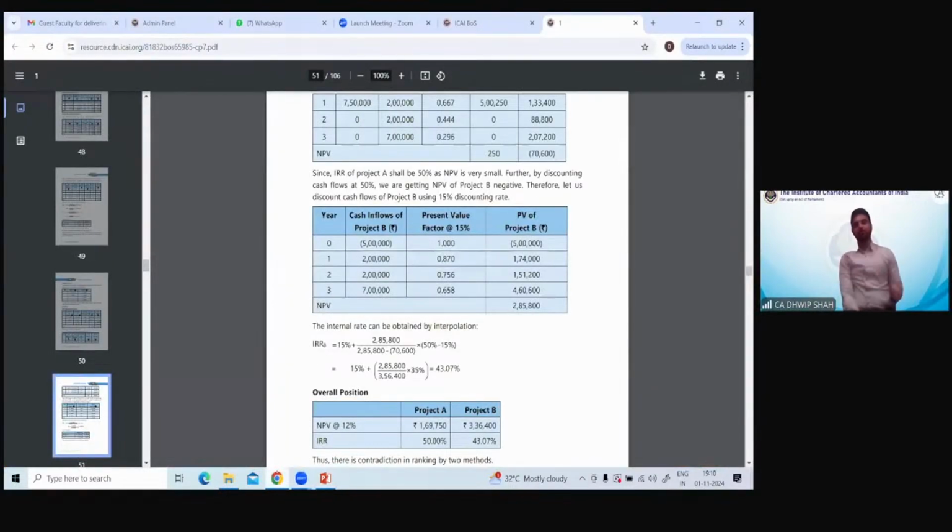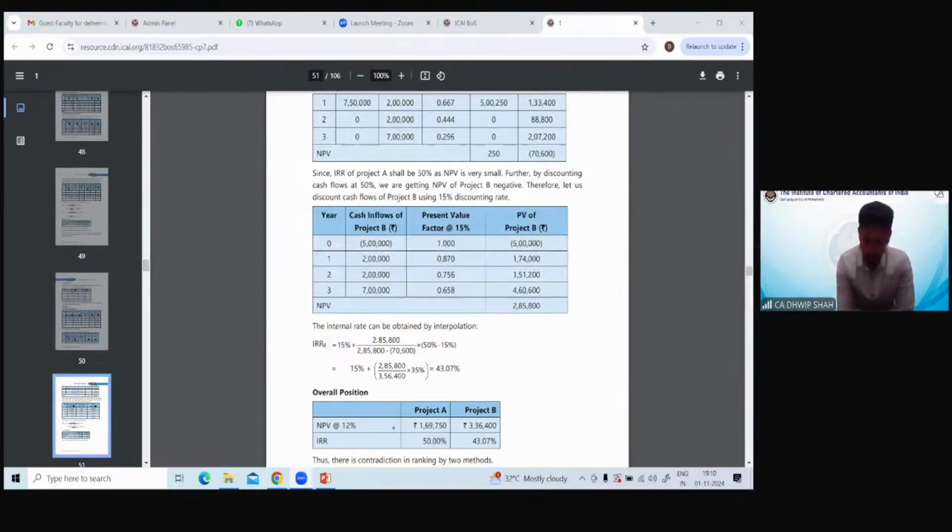Okay, so let's come to the conclusion. The point is that NPV of project B should be higher and IRR of project A should be higher. This is what I wanted to explain in situation 3. Are you getting this? Which is true for you all, correct?